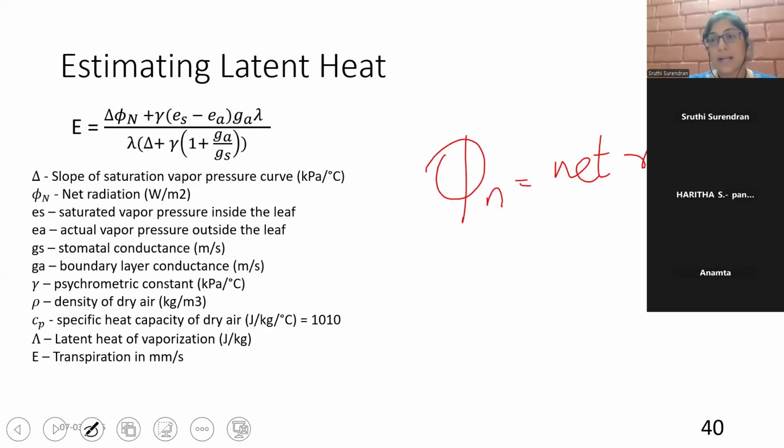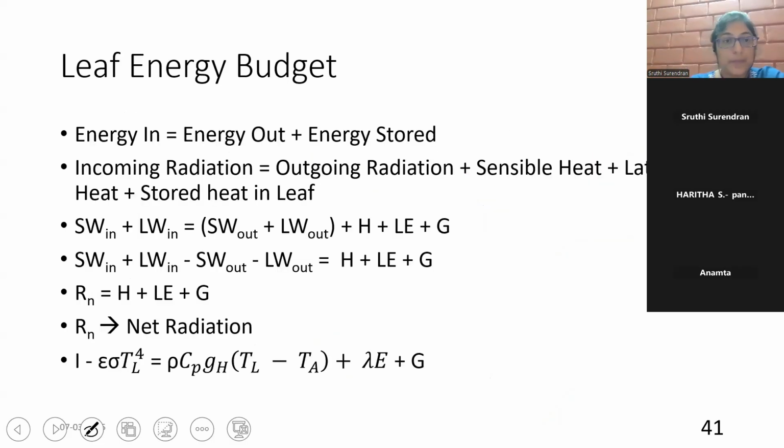It is the radiation that the plant gets after we take in all the incoming and outgoing radiations. Whatever radiation is left, the short wave and long wave radiation, is what gives us the net radiation. We had studied that in the energy balance of a leaf, the energy that is coming in is equal to the energy that is going out plus the stored energy.